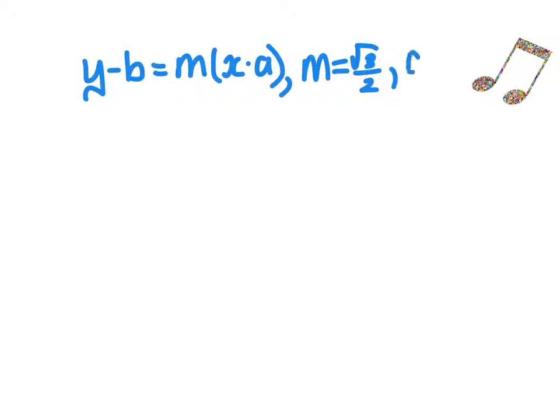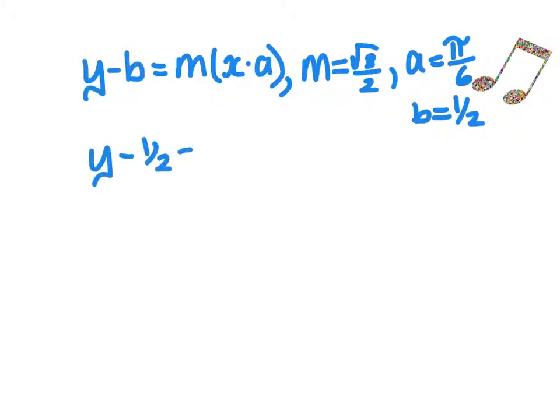Having a is pi over 6, and b is 1/2. So I have y minus 1/2 equals the square root of 3 over 2 times x minus pi over 6.